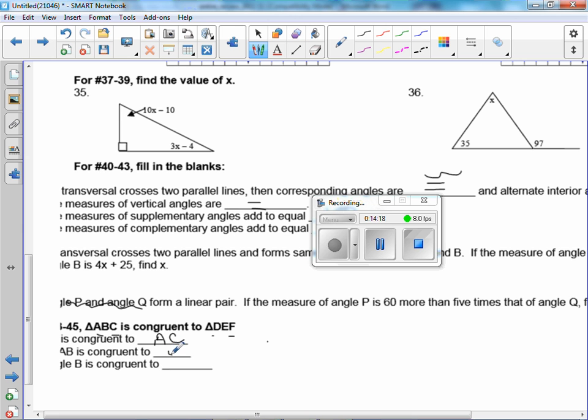So look at the order. The C came first and it corresponded with the F. And then the next one was the A, which corresponds to the D. And then the next one is the B, which corresponds to the E. So that should be triangle FDE.